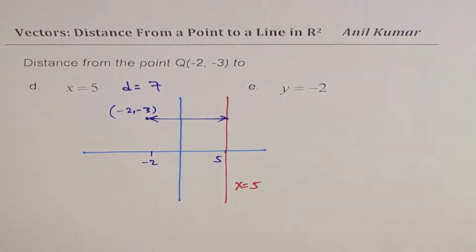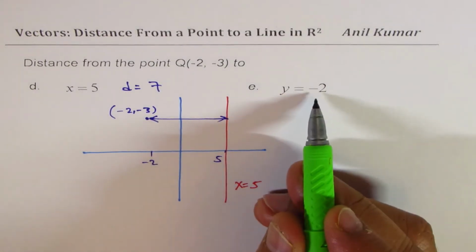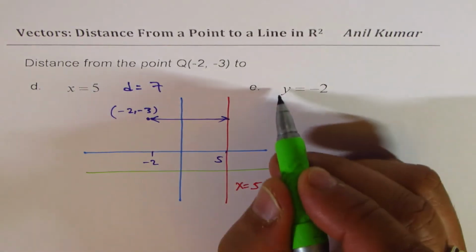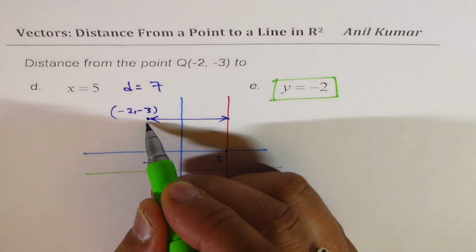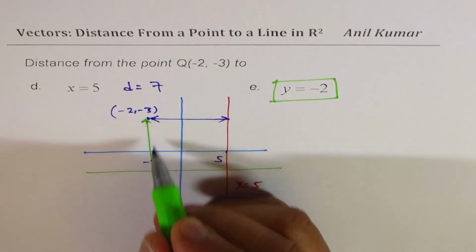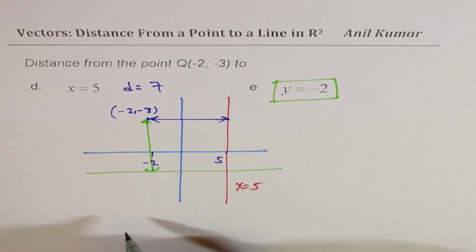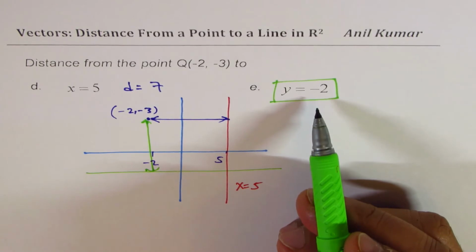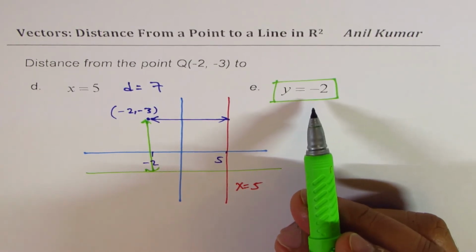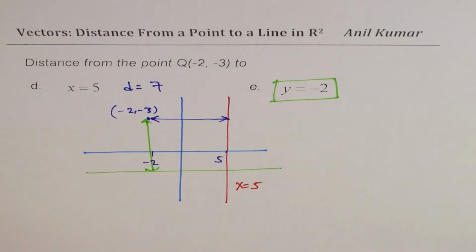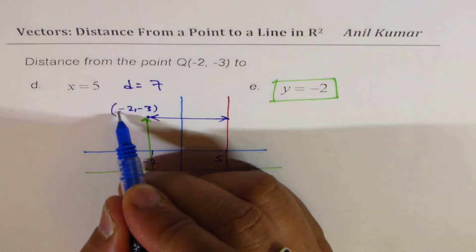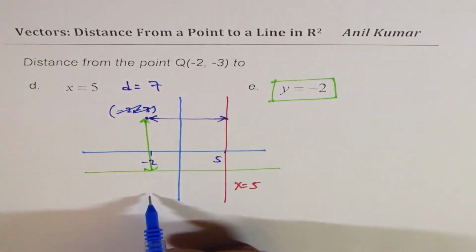Now, in case of the second line, when we say y equals -2, the line is like this. So the distance from this is the vertical distance, the difference in the y values, correct? I'm sorry, the point (-2, -3) will be here, right?